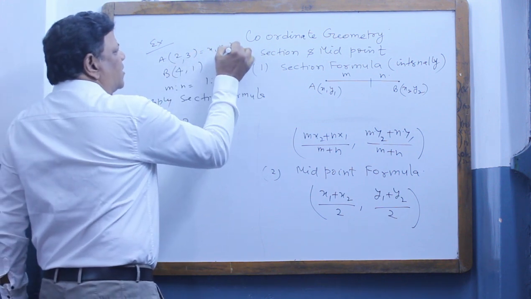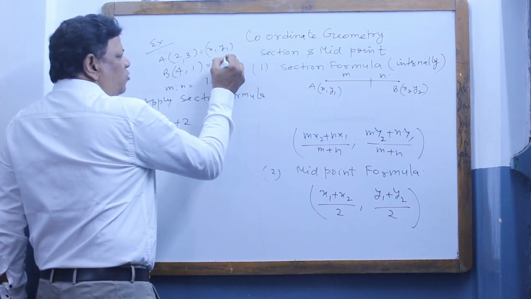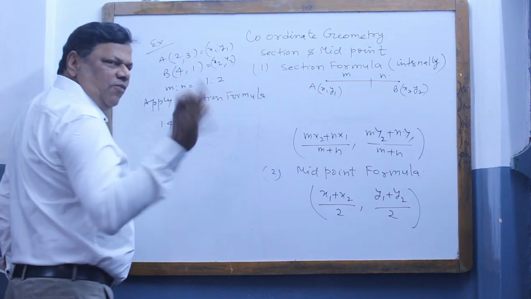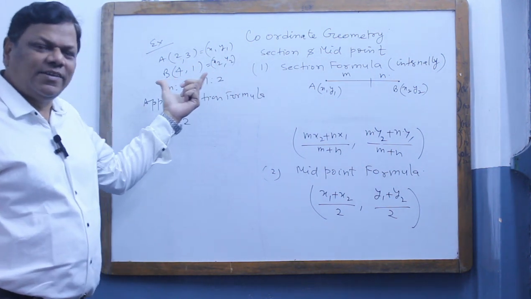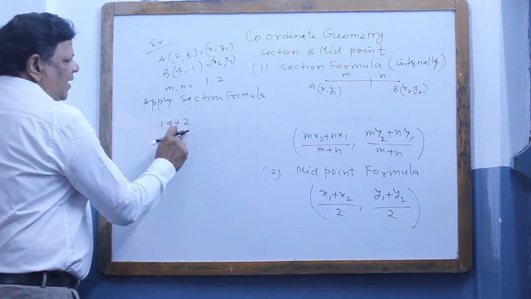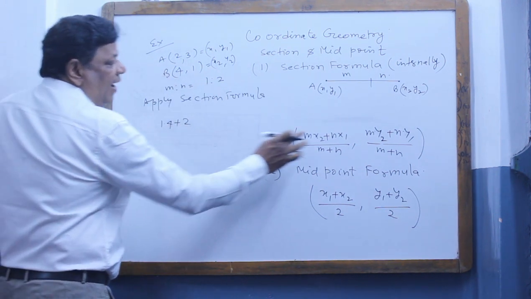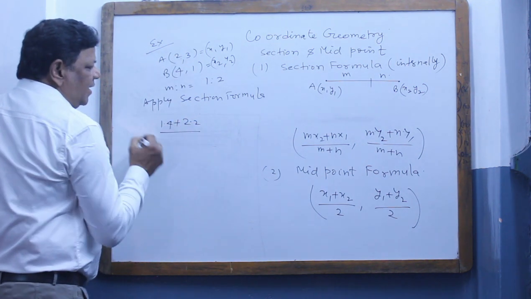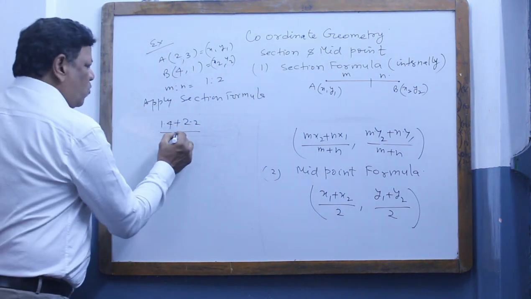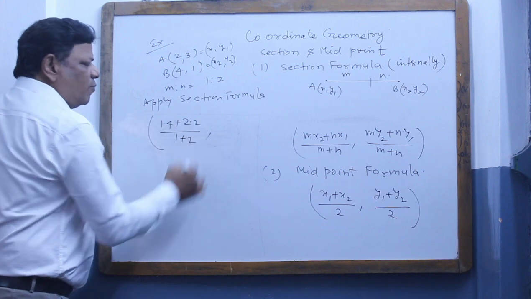If you are not clear at the beginning stage, then you can write it here. To understand yourself it is not required, but if you are confused about which is x1, y1, then you can write it here also. Then you easily understand. So n is 2 and x1 is 2, so 2 dot 2, divided by m plus n, so 1 plus 2, comma.